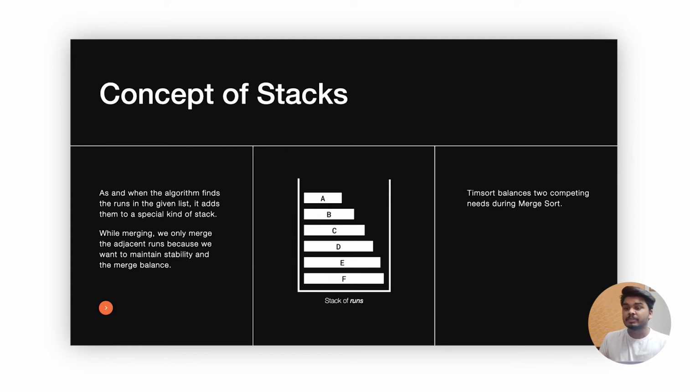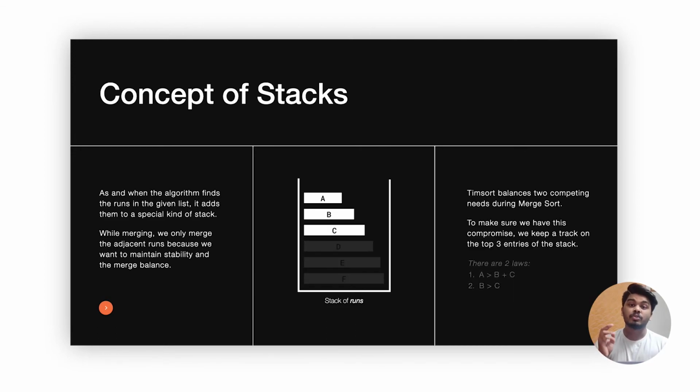On one hand, we would like to delay the merging as long as possible in order to exploit patterns that may come up later. But we would like even more to do merging as soon as possible to exploit the runs found. There are two laws in the concept of stacks.